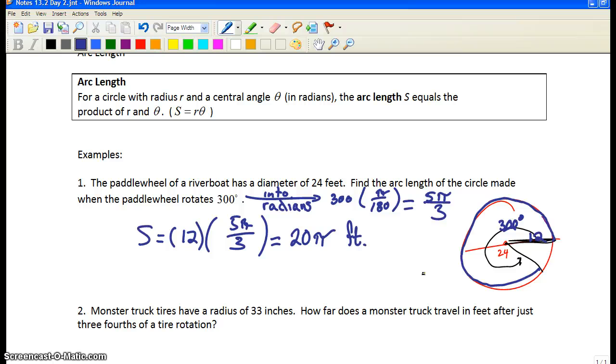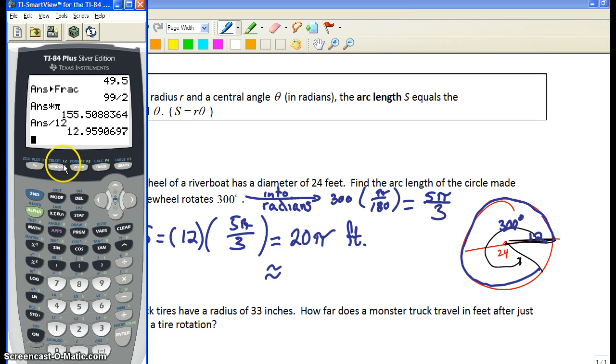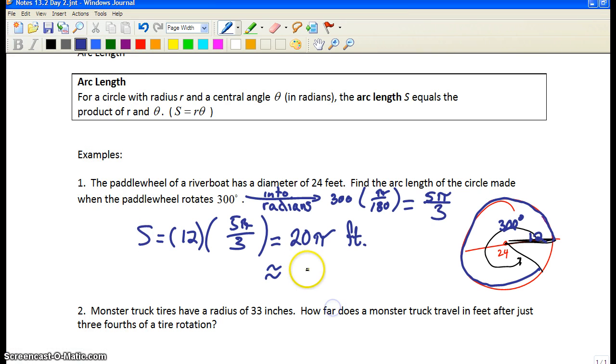But this one's an application, so we don't really have to keep exact values. We can give it as a decimal, so it makes a little bit more sense. So 20 pi, 62.83 feet.